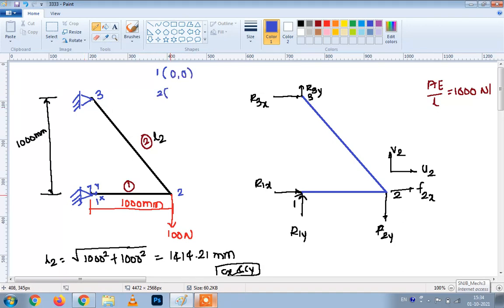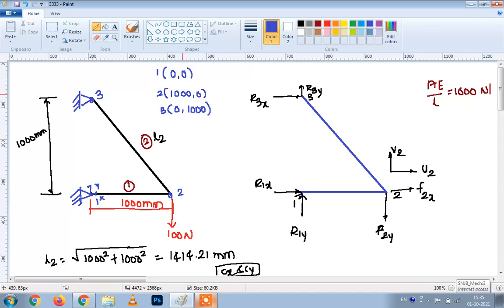The coordinate of the second point: y will be 0 and x is 1000 mm. So it will be 1000 and 0. The coordinate of the third point: x will be 0 and y will be 1000.